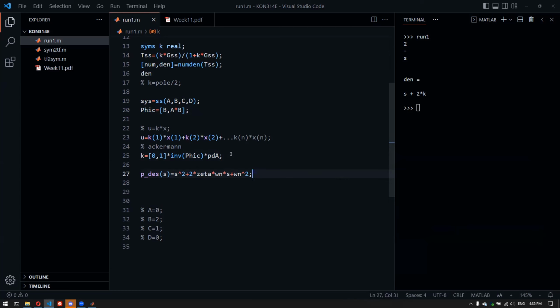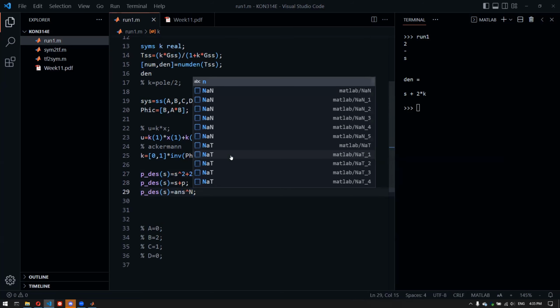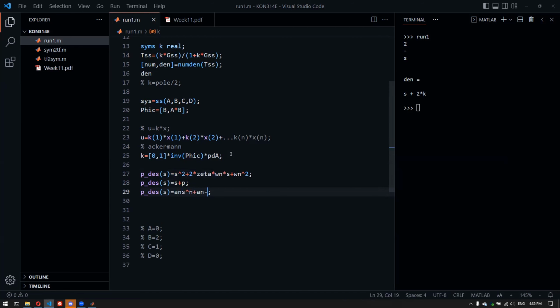But it doesn't have to be a second order one. This is the second order version. Let me define a single one, which is S plus P. It could also be a combination of these or any other polynomial. So basically a_n S to the power of n plus a_(n-1) S to the power of n minus 1, plus dot dot dot plus a_2 S squared plus a_1 S plus a_0.